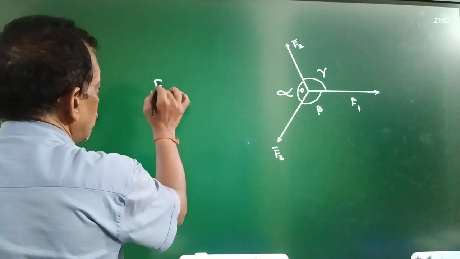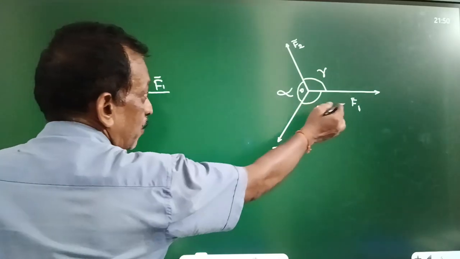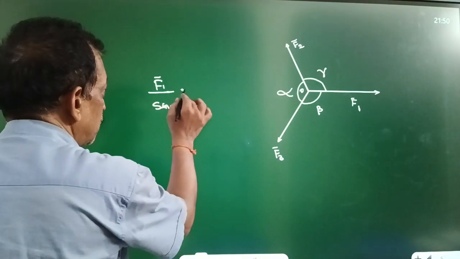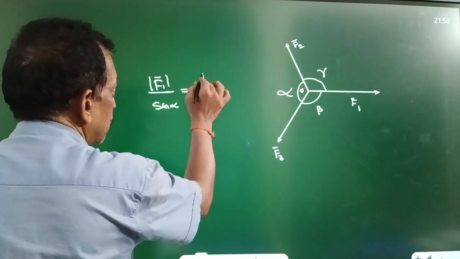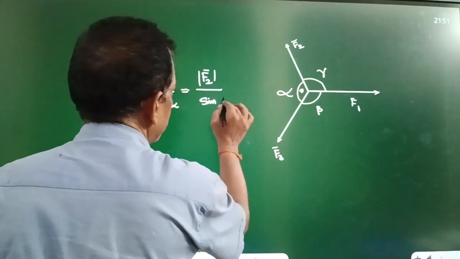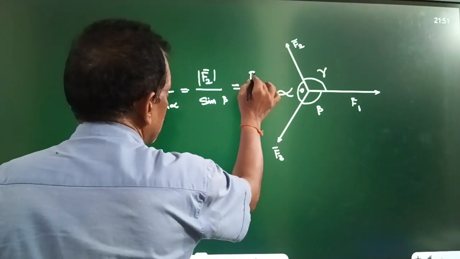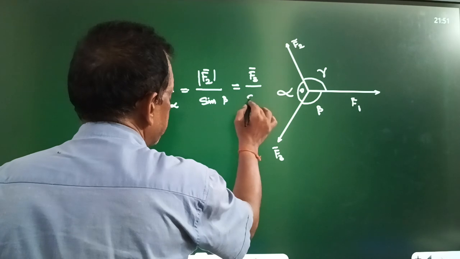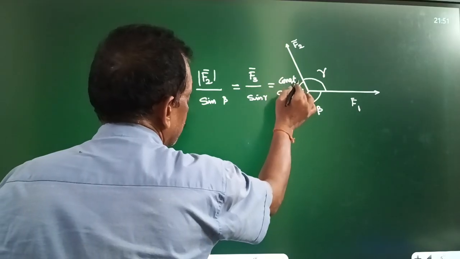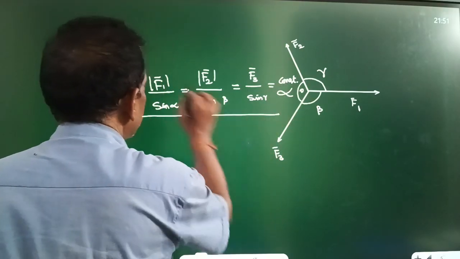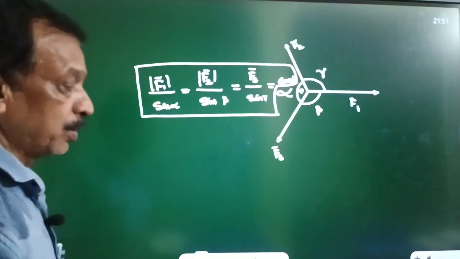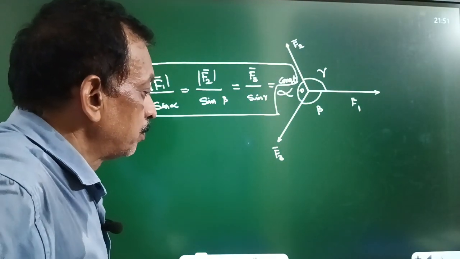The magnitude of the F1 vector by the sine of the angle between the other two forces, so F1 by sine alpha is equal to F2 by sine beta, that is equal to F3 by sine gamma, that is equal to a constant. They call this Lami's theorem.